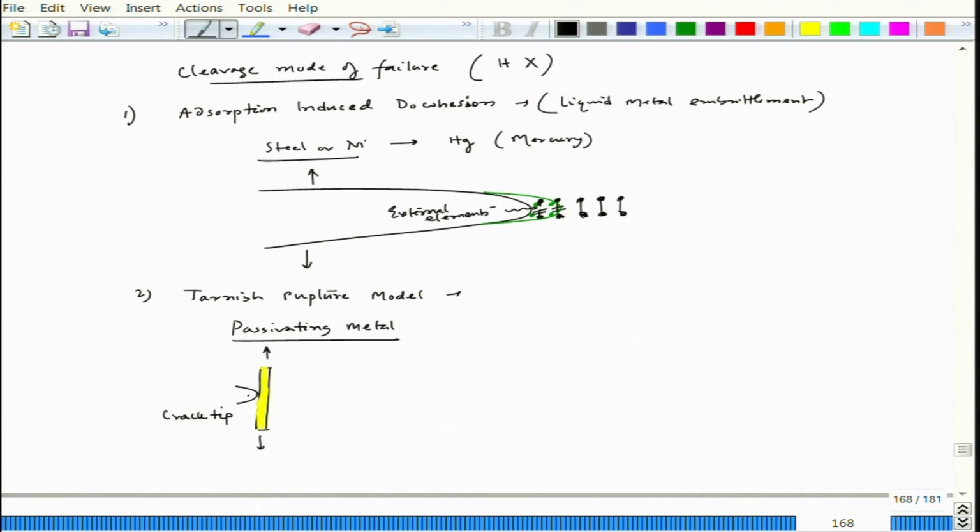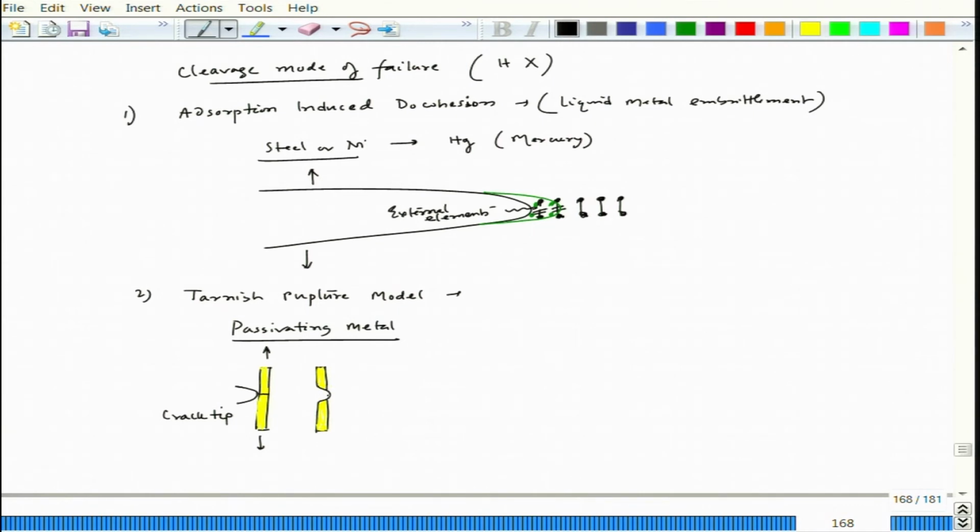Because of the triaxiality at that crack tip, there could be a possibility of a crack growing in, and when the crack grows in, the appearance would be like this.